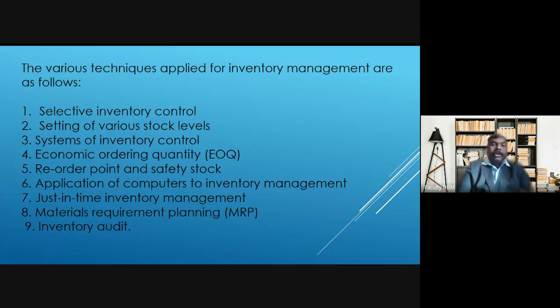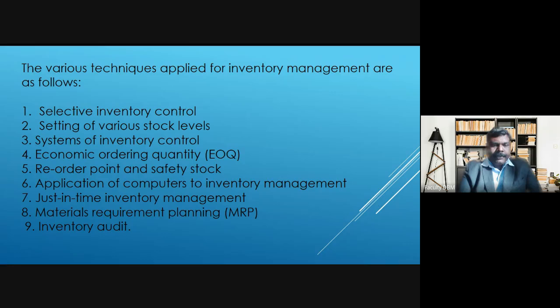Then systems of inventory control and economic order quantity. Economically, we are going to give the order, and reorder points and safety stocks, maintenance, application of computers to inventory management, just-in-time inventory management, and material requirement planning, that is MRP 1, and inventory auditing also. So these are the various things we'll be doing in an organization in order to control and manage the inventory.